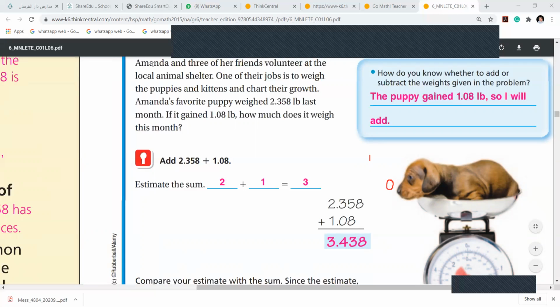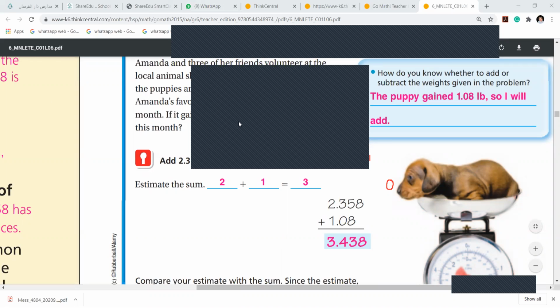One of their jobs is to weigh the puppies and kittens and chart their growth. Amanda's favorite puppy weighed 3.58 last month. If it gained 1.8, how much does it weigh this month?